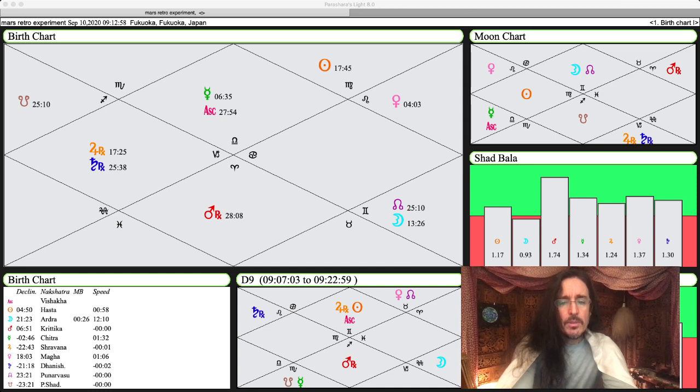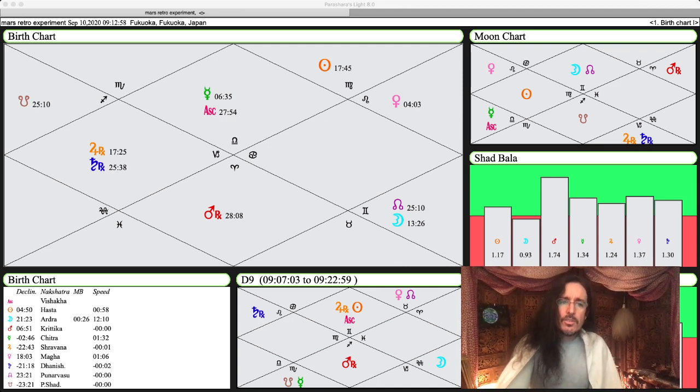Mars will be in Aries, 28 degrees, 8 minutes, at the declination of 6 degrees and 51 minutes north.